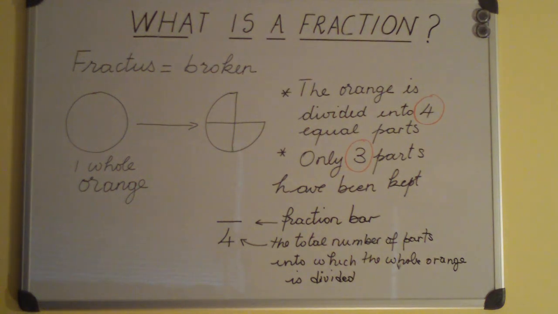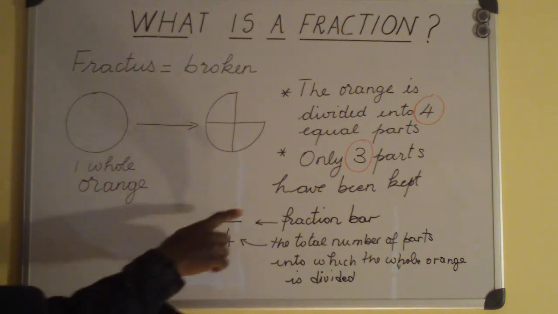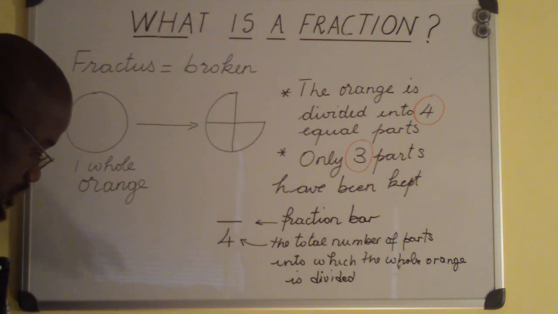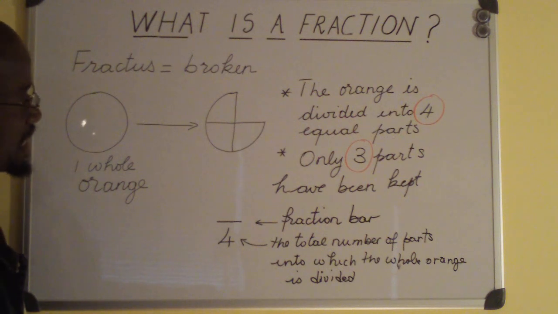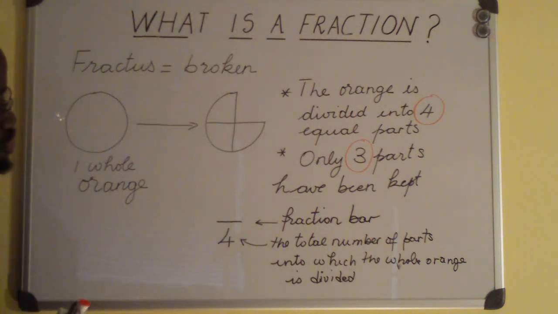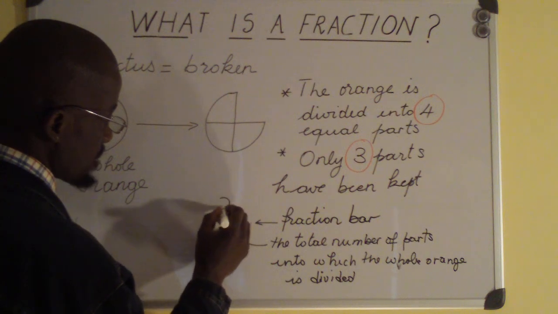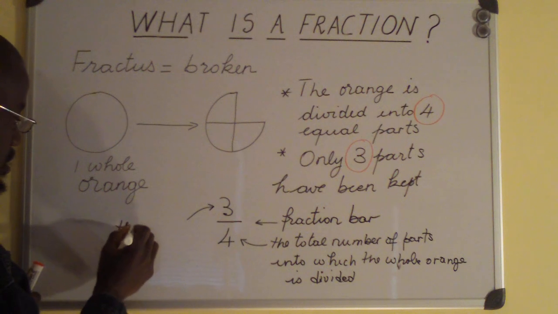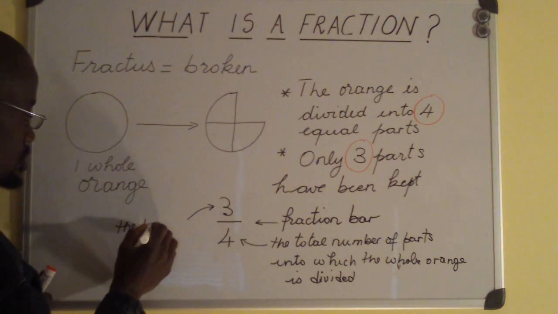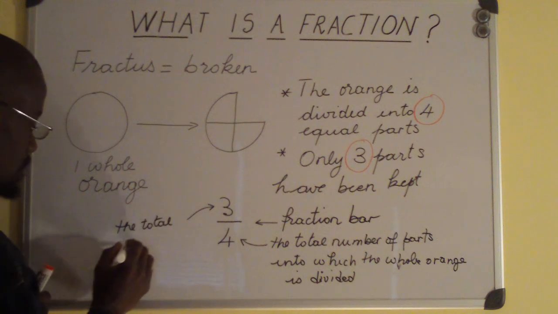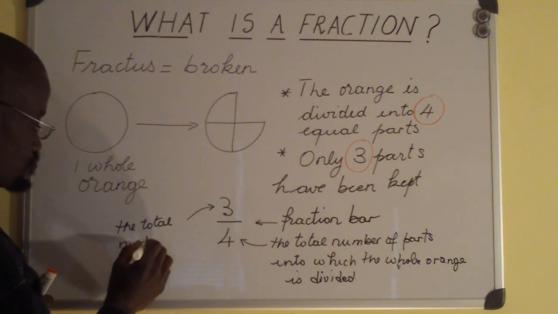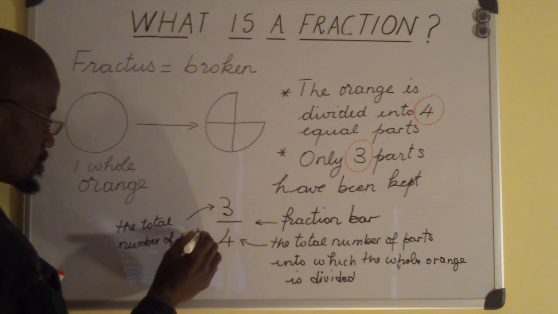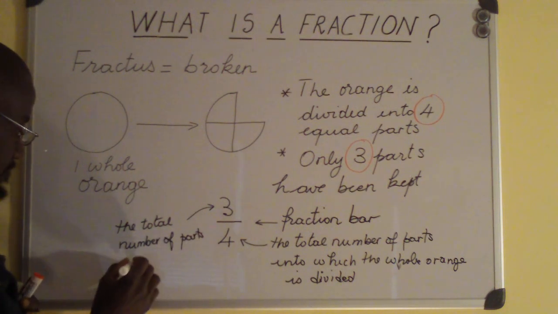Now, on top of the fraction bar, I write the number of parts that has been retained. So here you can see that the number of parts that have been retained in this broken quantity is 3. So I write 3 here, and the 3 stands for the total number of parts retained or kept.